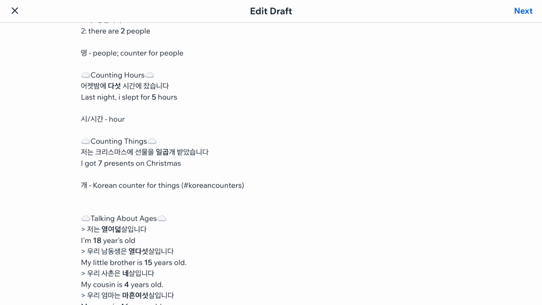So you see, we have to put the item first, in this case, present, 선물. We also go ahead and put the object marker, and then you put the number, the native number, and then you put the counter. 선물을 7개, 7 presents.